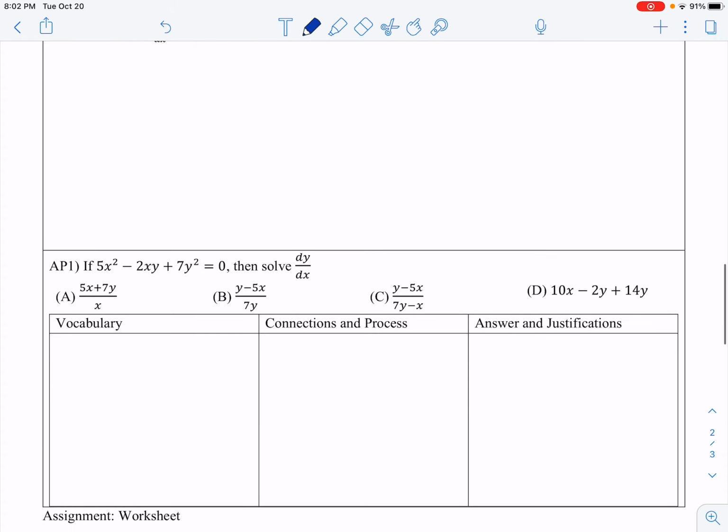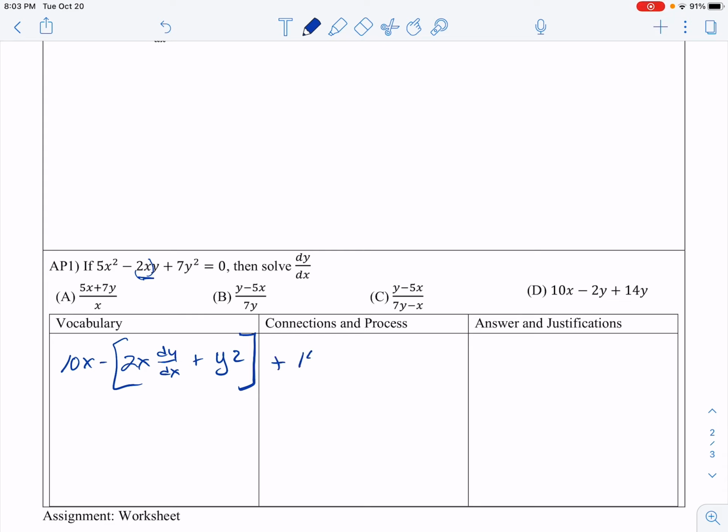This one, it's multiple choice, so let's see what we can do. You get 10x minus, you got to do the product rule, 2x dy/dx plus y times 2. I put these guys as a term. It doesn't really matter. Okay.